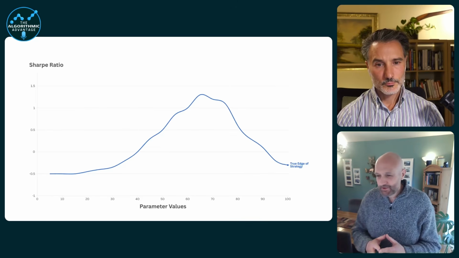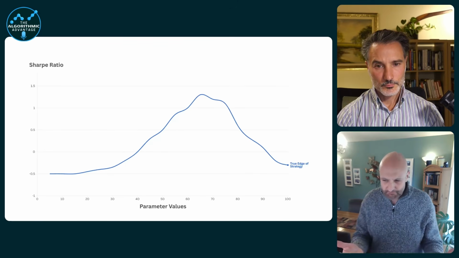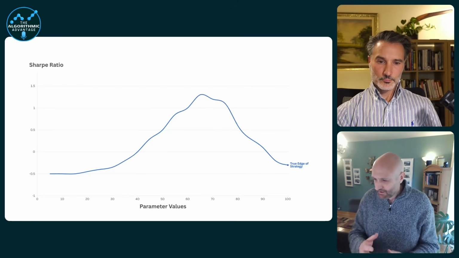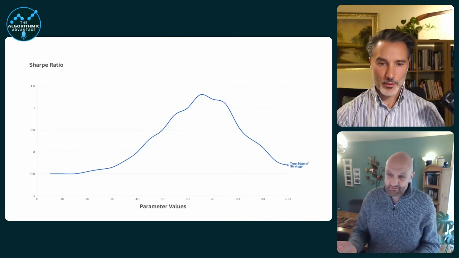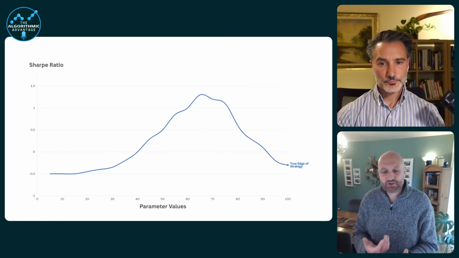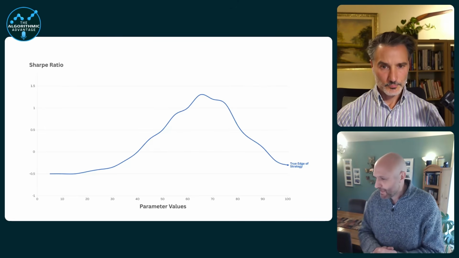So you've been doing some work to see how a moving average affects the directional bias of a particular strategy. Along the bottom on the x-axis, we've got the parameter values that you've tested. And on the left-hand side, on the y-axis, you've got some kind of measure of performance. I've just used Sharpe ratio as an example.